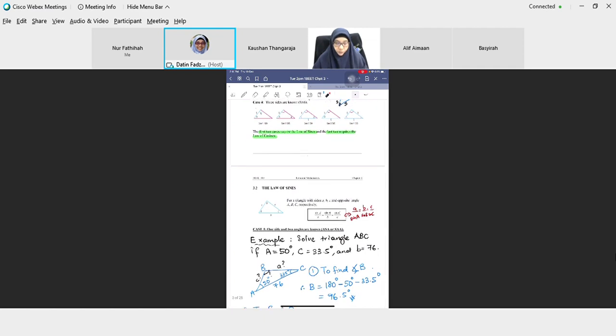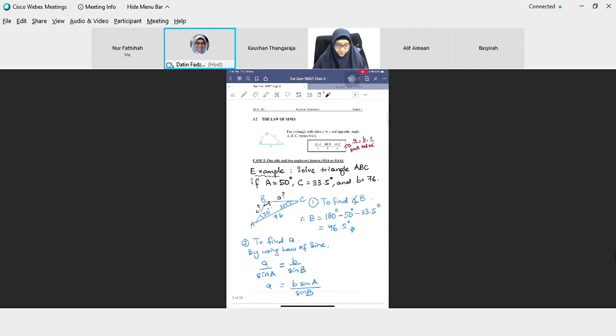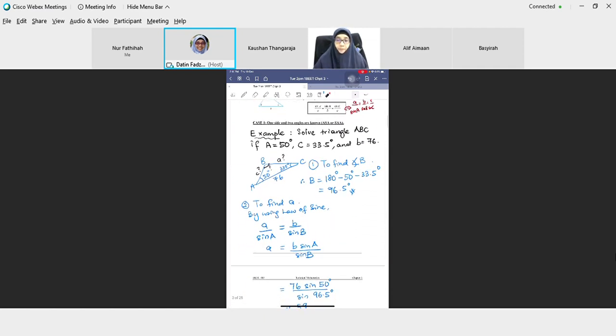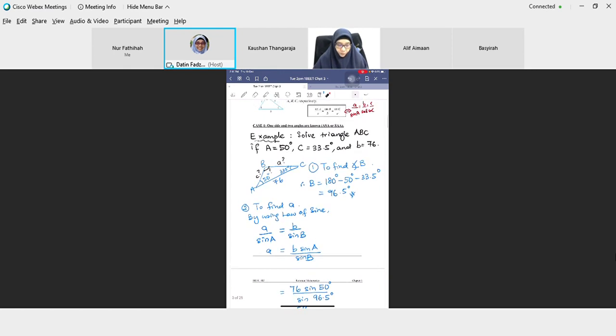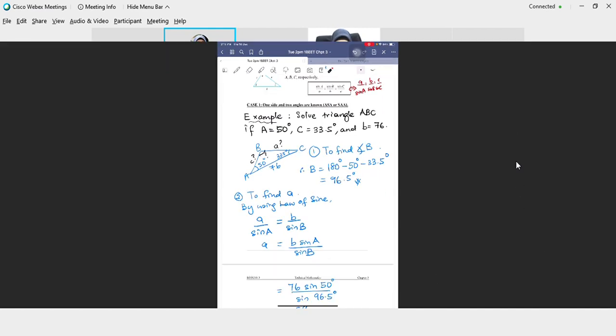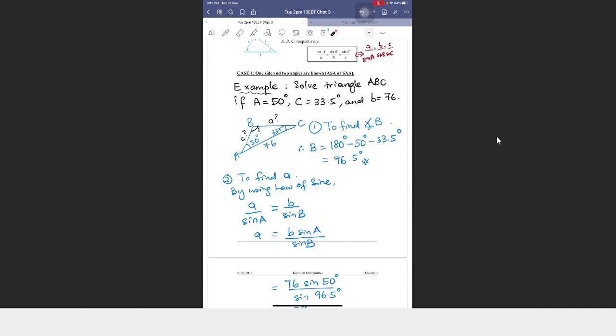I have also given you this example last week. This is an example of the first case, in the form of ASA or SAA, where you are given two angles and one side. When you are given two angles and one side, your first step is definitely to find the missing angle, because that is the last angle in a triangle.